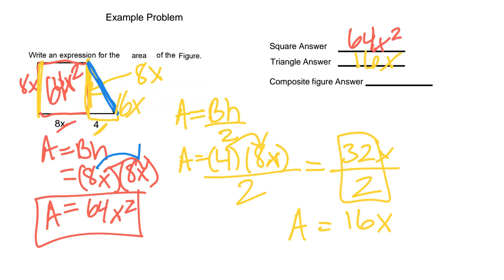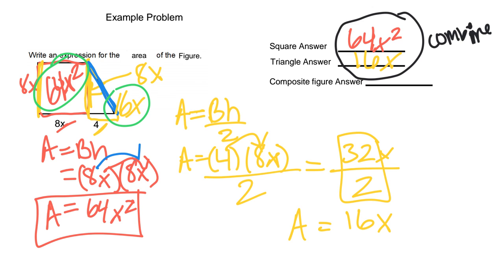Now notice that both of these shapes are combined together as like one whole shape. So that means I'm also going to combine the two areas, whether I'm adding or subtracting them. So the area of the full shape is 64x squared.